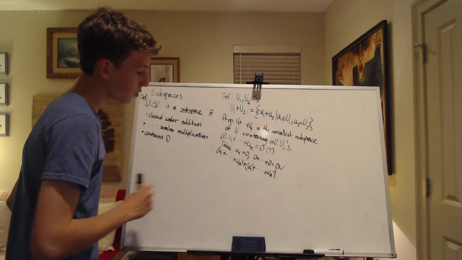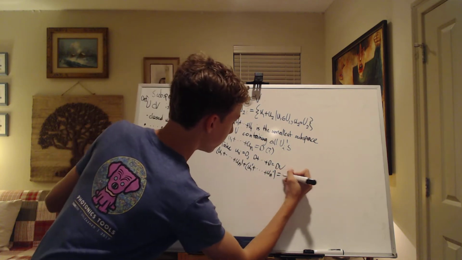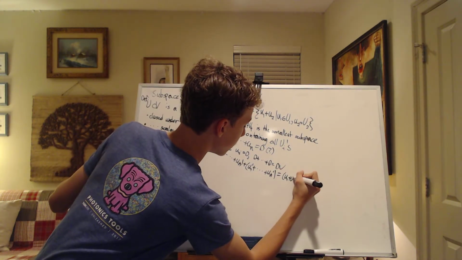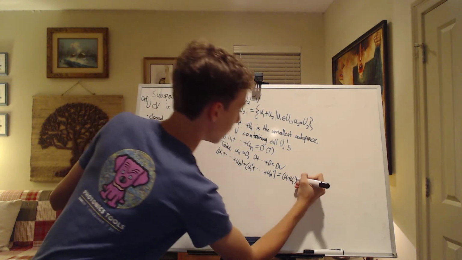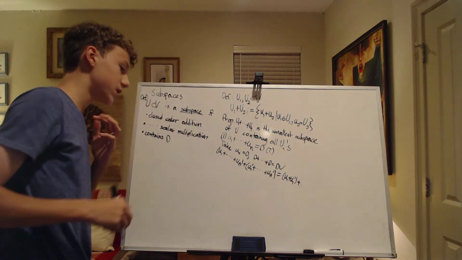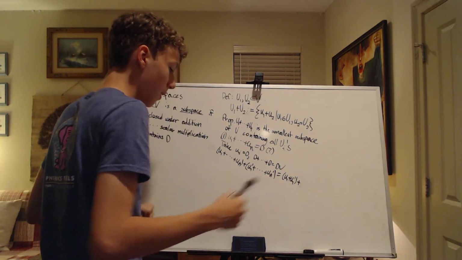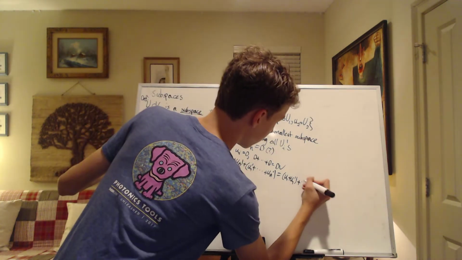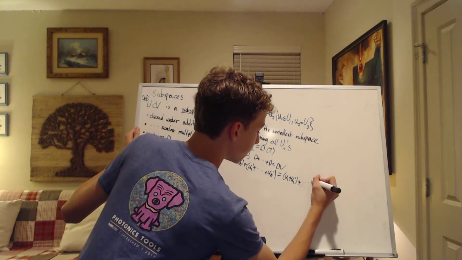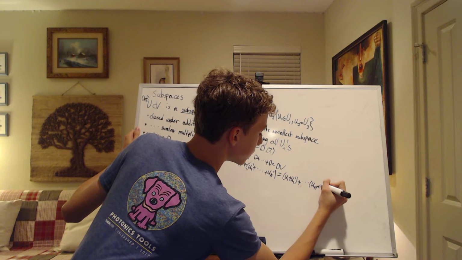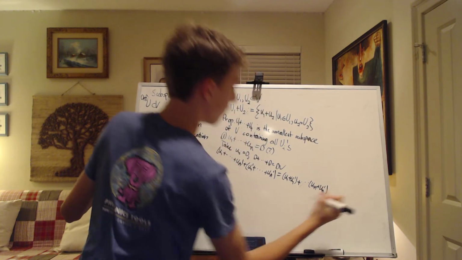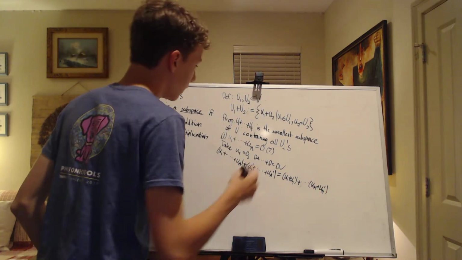If we rearrange this, we can actually write this as U1 plus U1 prime, again, this is by the generalized associative property, and you can prove it by induction, all the way to UN plus UN prime.